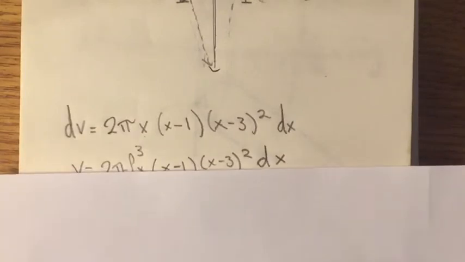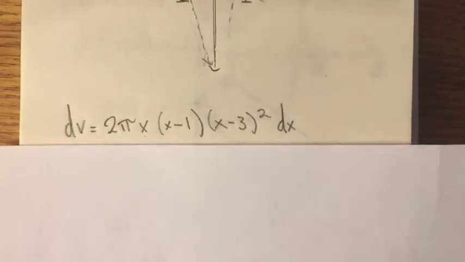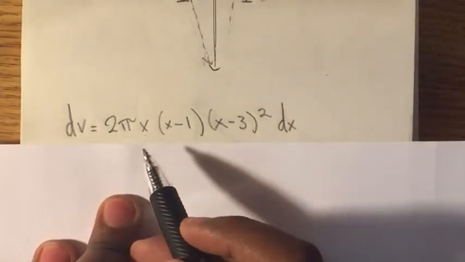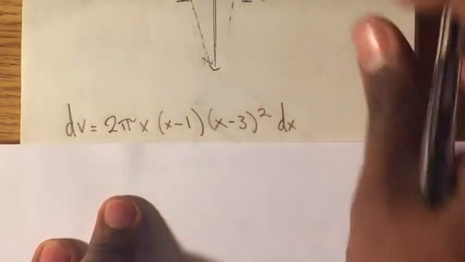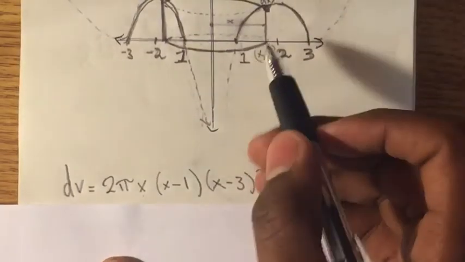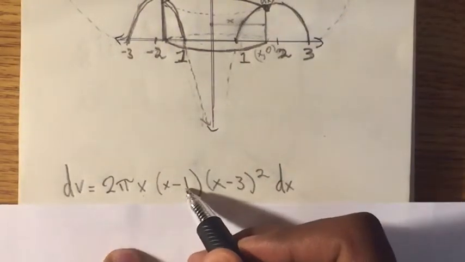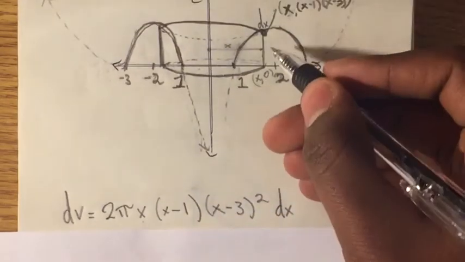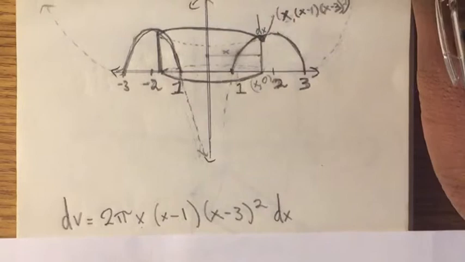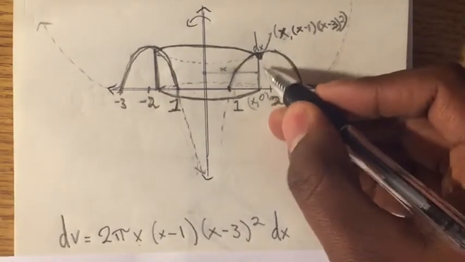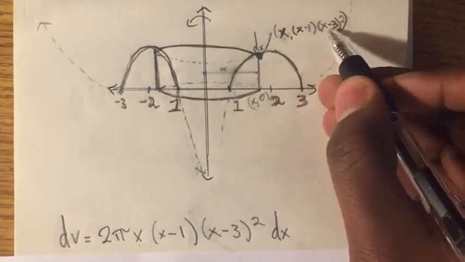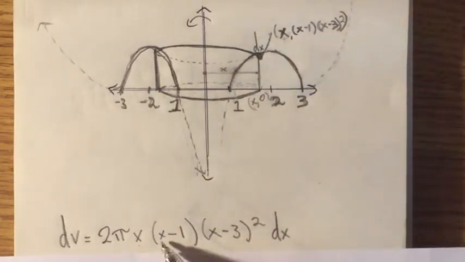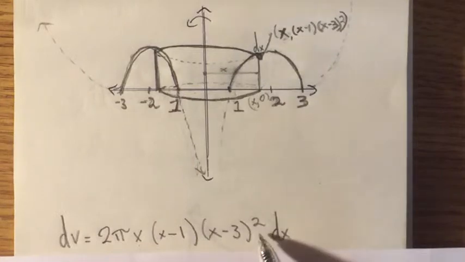Alright, now we have all the information that we need. We're going to go straight into the equation. So dV is equal to 2 pi x, which is the radius, times (x minus 1) times (x minus 3) squared, which is the height, because in order to find this height, you have to subtract this from this, and that leaves you with (x minus 1) times (x minus 3) squared.